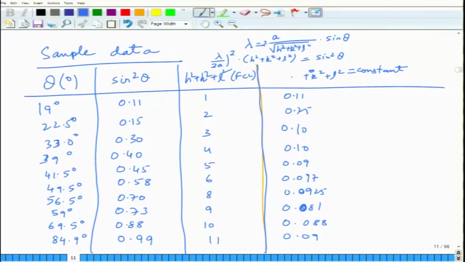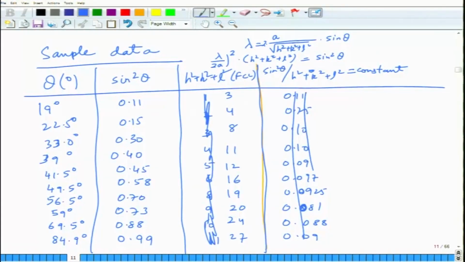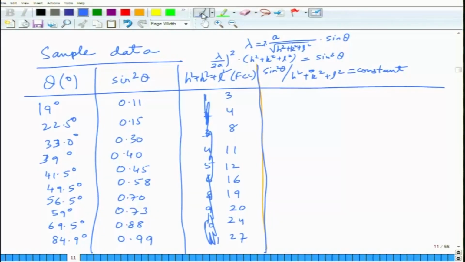For FCC, the h square plus k square plus L square values would be 3, 4, 8, 11, 12, 16, 19, 20, 24, 27. If I now work this out, I will get 0.037, 0.038 and so on and so forth. We will see that all the values are equal. So, this is basically an FCC structured material. If all the values are the same, then this is an FCC structured material.